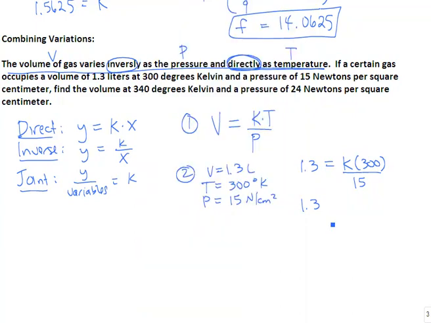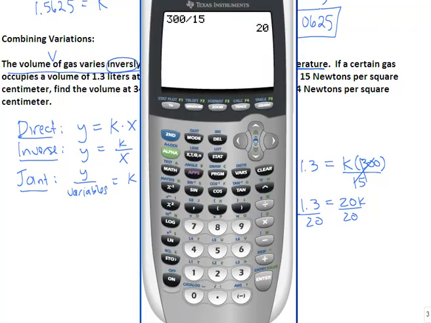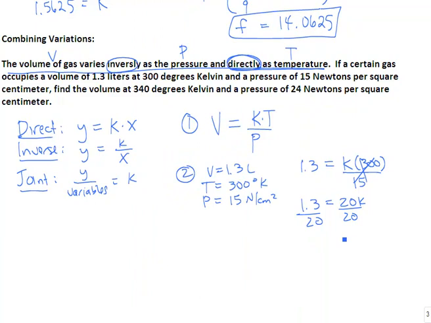That's 20. So we get 1.3 equals 20K, so we just divided these two, and now we can divide both sides by 20. So if I do 1.3 divided by 20, then my K is 0.065.